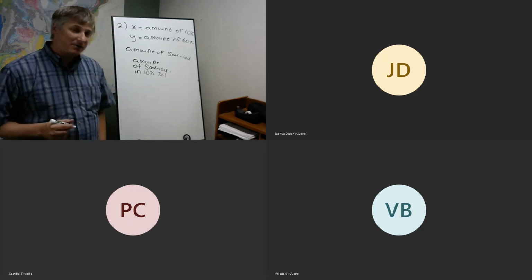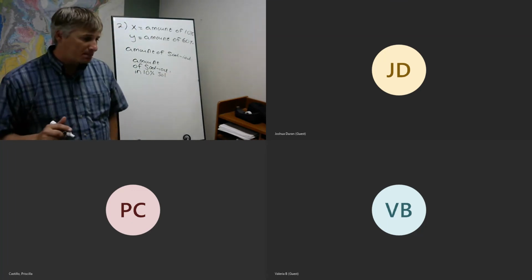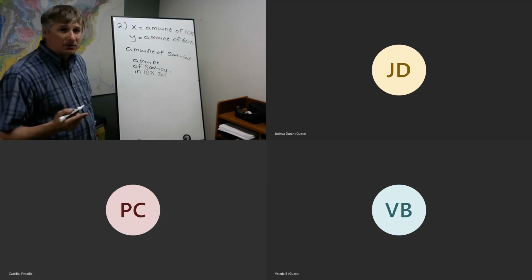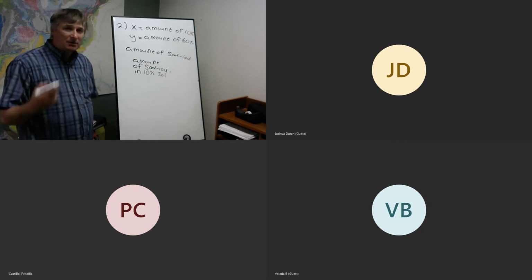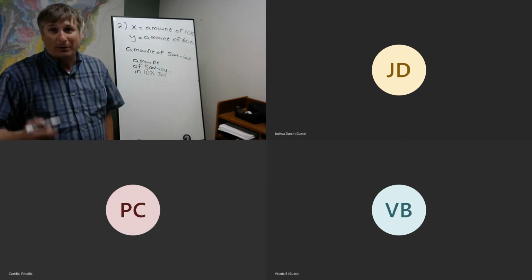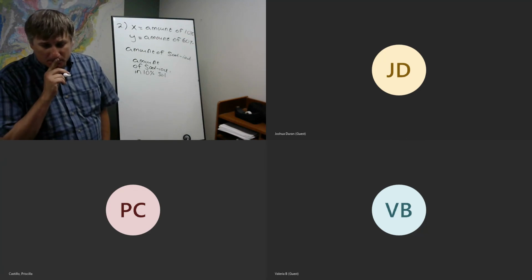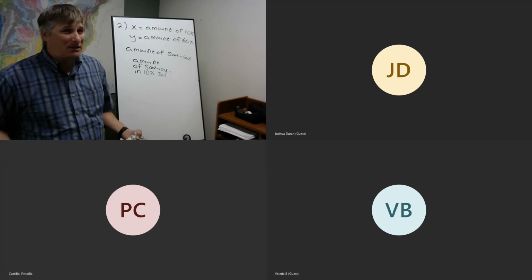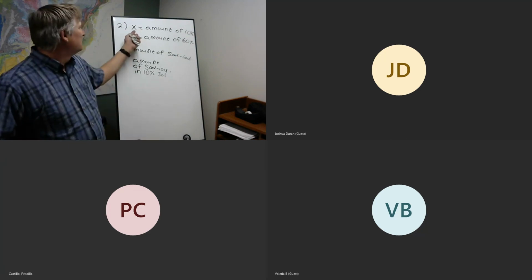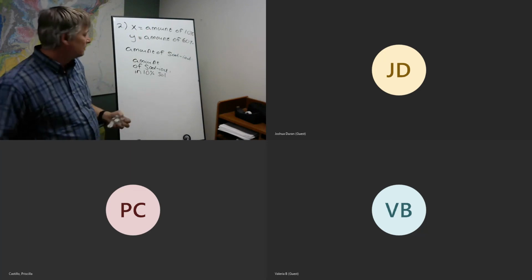The amount of sodium iodide in the 10% solution was the amount of solution times the concentration of 10%, or 0.10. Now, we didn't know the amount of 10%, though. That's an x.